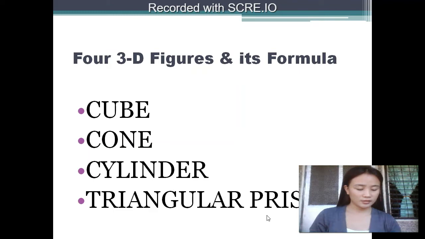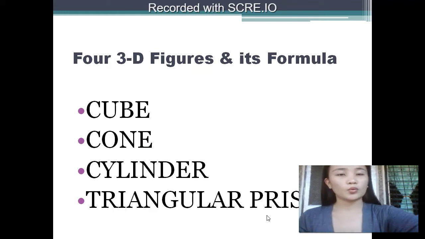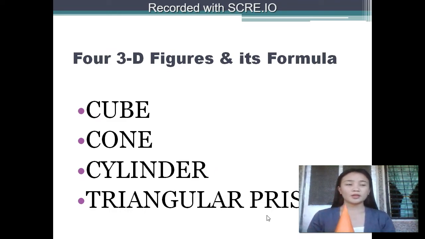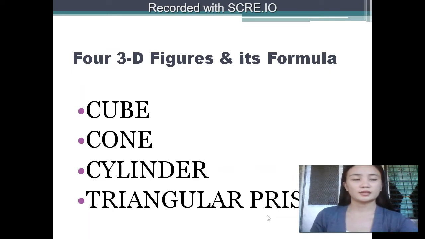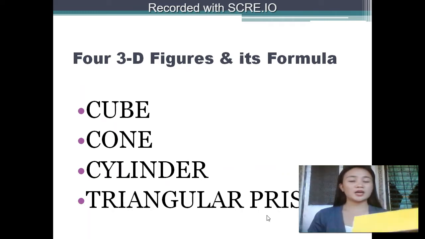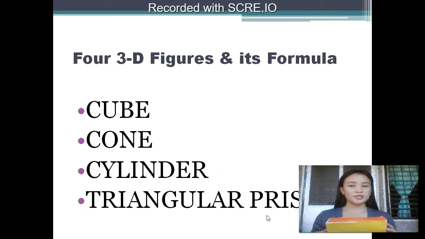Second is the cone. This one, the cone. Then next is the cylinder. Then last will be the triangular prism.